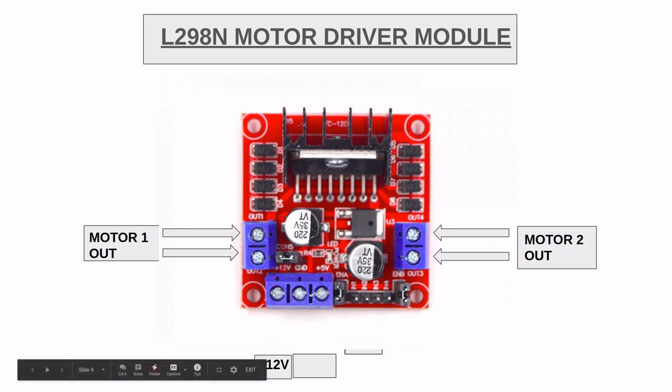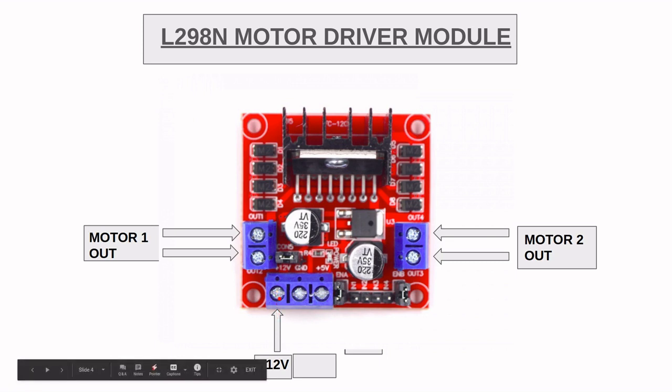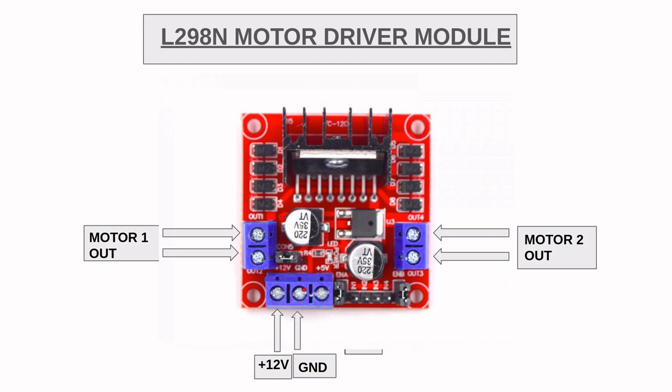This can bear up to 12 volts. So the 12 volt input will be given from this channel, and the grounding is just beside the input. It also has the capability to give an output of 5 volts, which is beside ground.